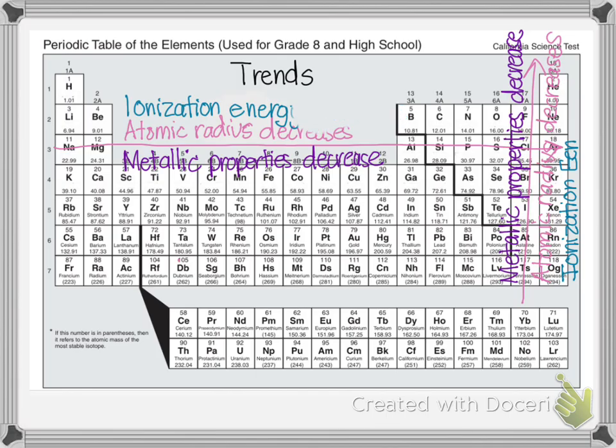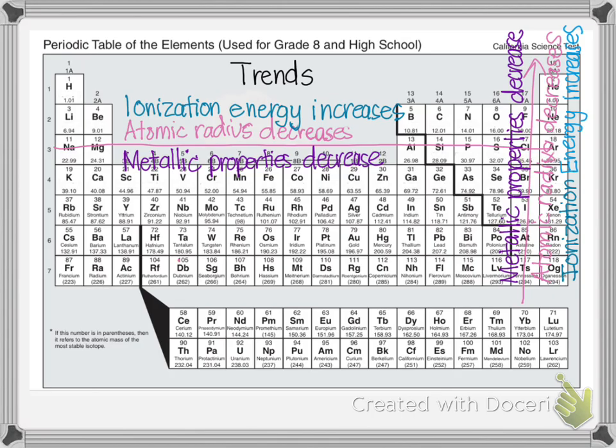I went to write it increases. I apologize. I was concentrating and I caught my mistake as I went to write the other one. It's the opposite of the radius and the... There we go. It increases. It's the opposite.